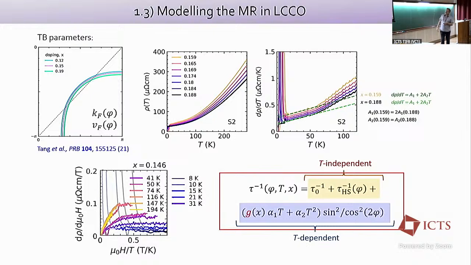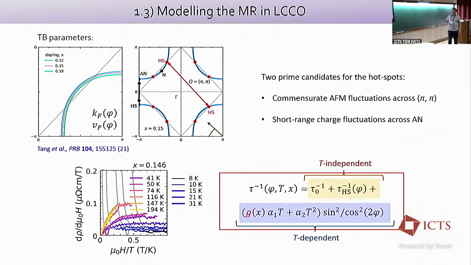The only things really are the size of this hotspot and its shape, and also the strength of the enhancement of the T-linear component. But this has to explain not only the resistivity, but also the magnitude of the magnetoresistance, its unusual temperature dependence, and also its field dependence. So all those things have to come in simultaneously.